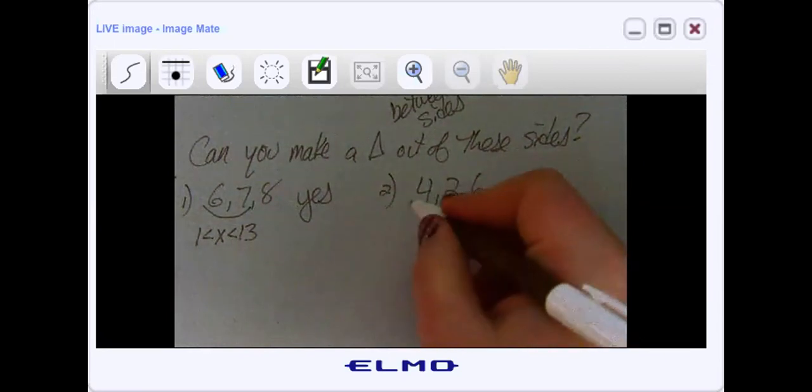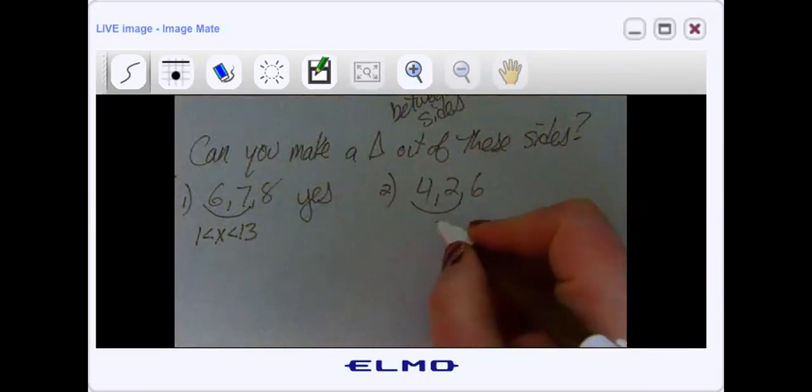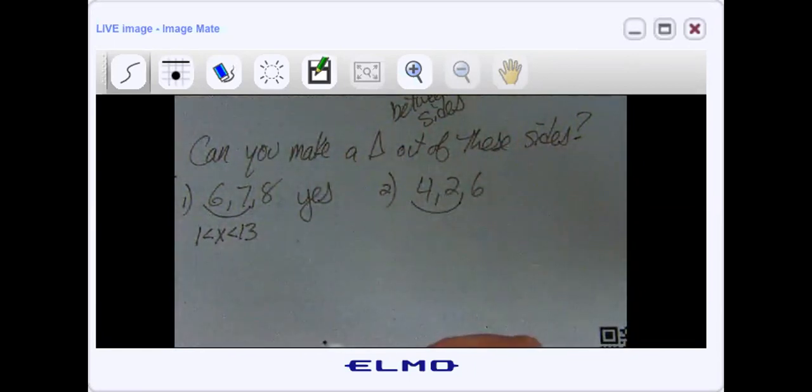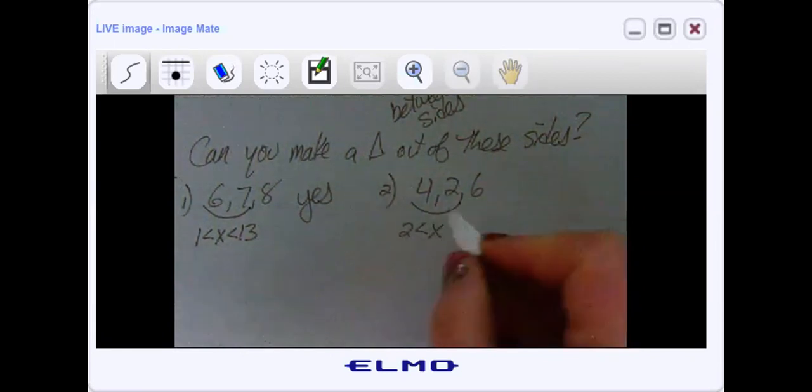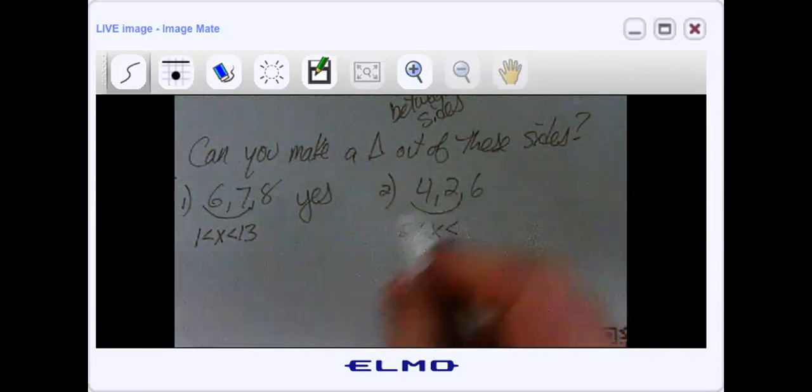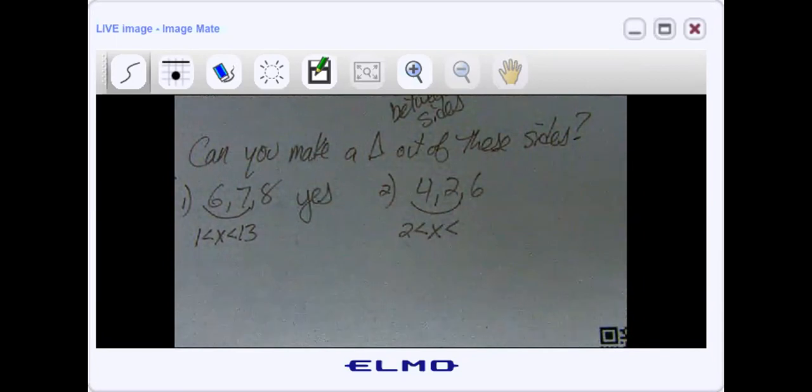If I just take the first 2 here, I would need a third side that's got to be bigger than their difference. So if I subtract 4 and 2, I get 2. So the third side has to be bigger than 2, but it has to be less than their sum. So 4 plus 2 is 6. So does 6 actually fit here?